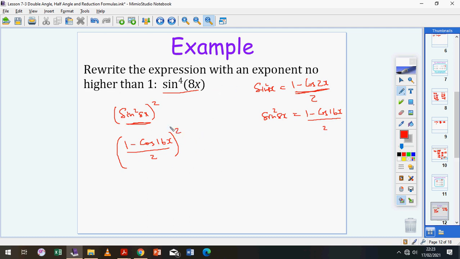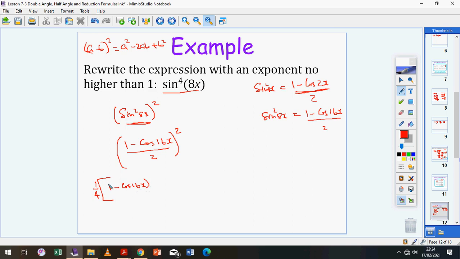When I use the expansion, remember (a minus b) squared is equal to a squared minus 2ab plus b squared. So when I use that, I'm going to first take the half outside and square it on its own. So I have a quarter waiting for me after the end of all of this. I'm basically squaring 1 minus cosine 16x, right?